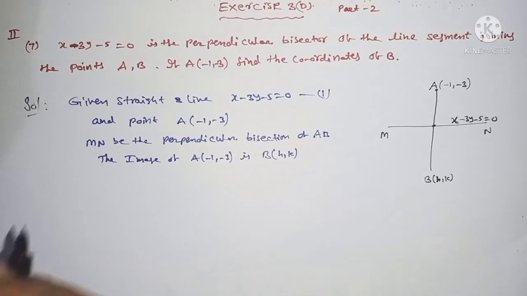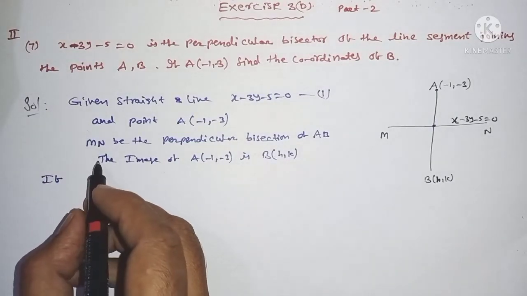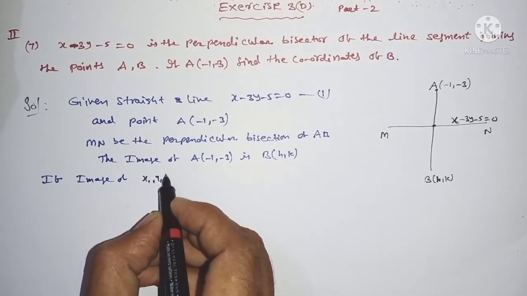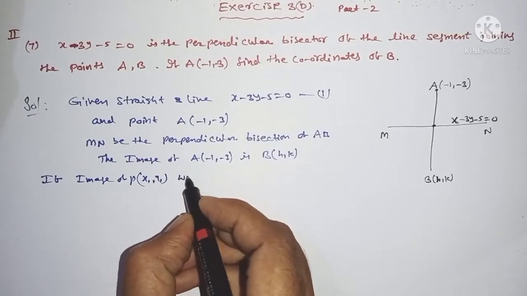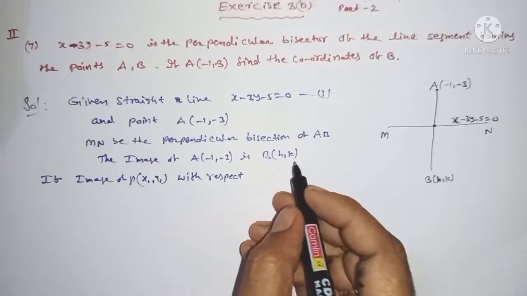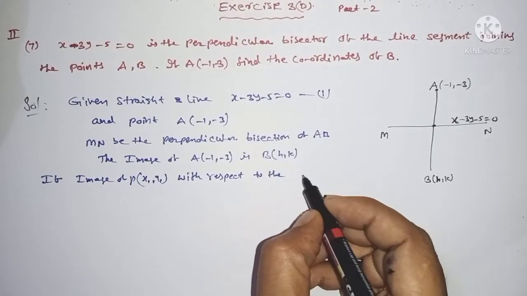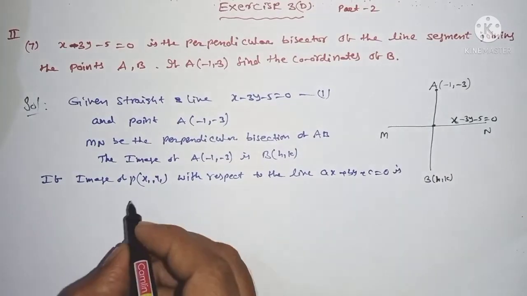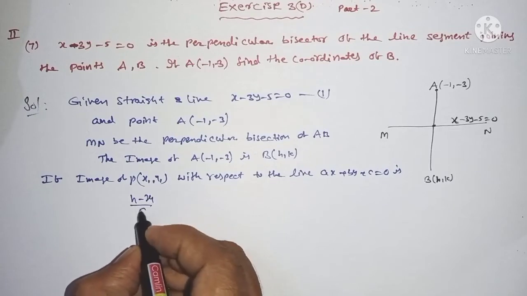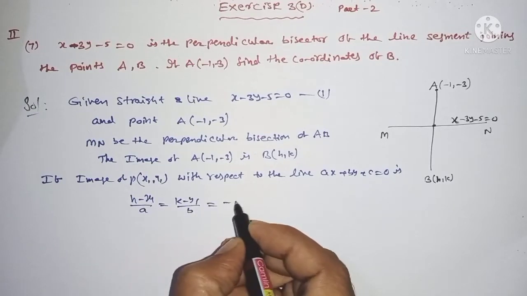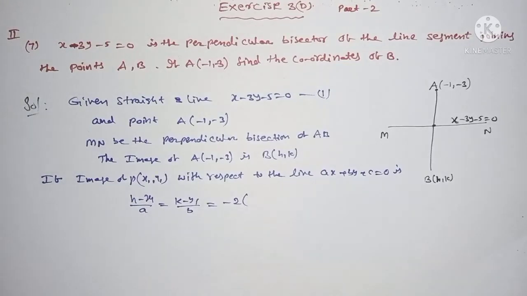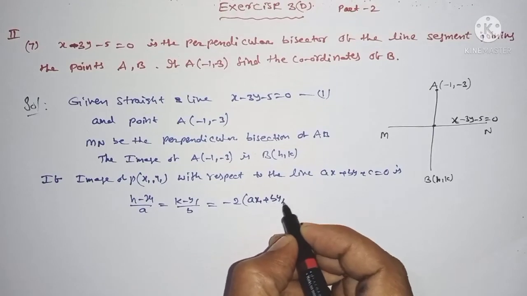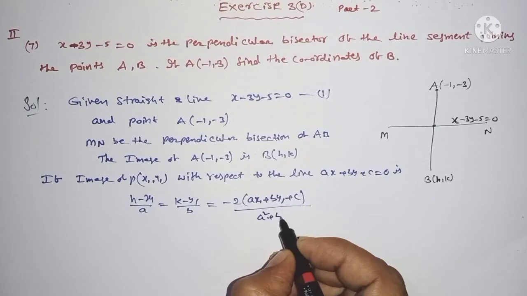These are images. What is the formula? If the image of P (x1, y1) with respect to the line ax plus by plus c is equal to 0, then (h minus x1) by a equals (k minus y1) by b, which is equal to minus 2 times (ax1 plus by1 plus c) by (a square plus b square).